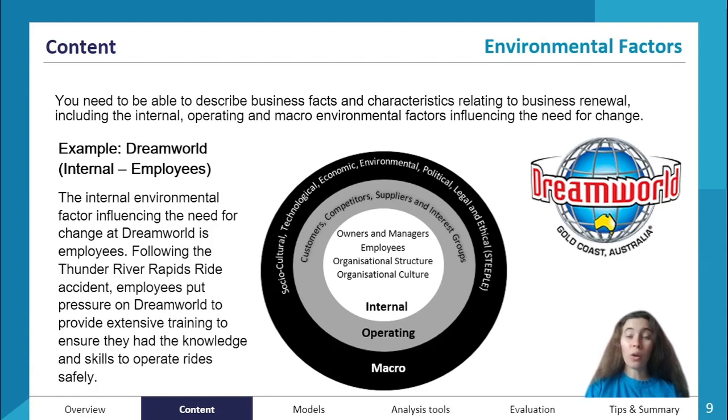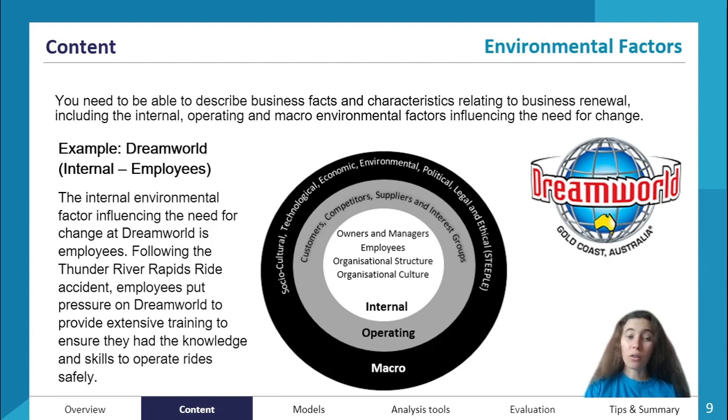So in your exam and as well at school when you're practicing these skills, you'll likely be looking at business case studies and their situations, perhaps getting some stimulus, and then needing to figure out how you can describe the way that the business has been impacted by whatever factors are relevant in that case, and why that has influenced the need for change in that business. So, an example that you've likely come across before is the Dreamworld example.